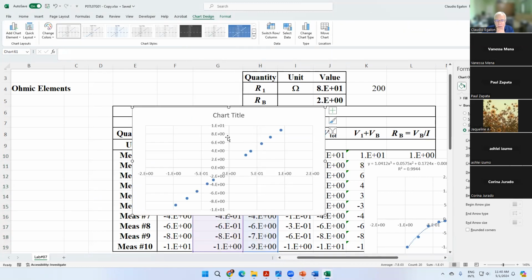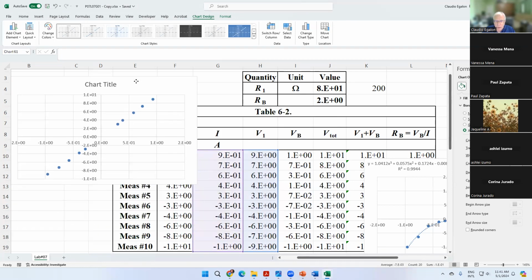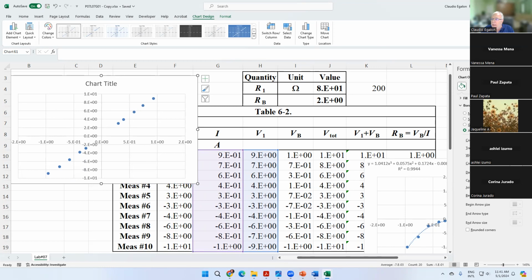V1 is close to 10 V, but wait a minute. This current is too high. It seems to me that this current is too high. Yeah, okay, most likely, it looks like they missed on the current here. I'm gonna give you another data set, okay?